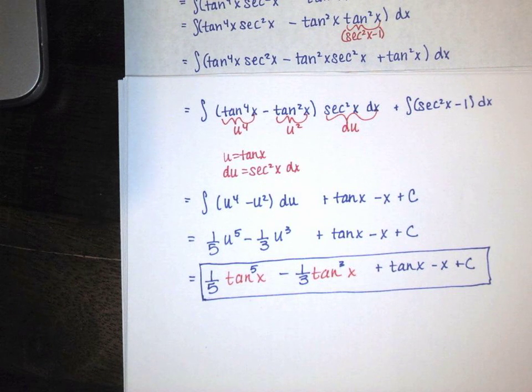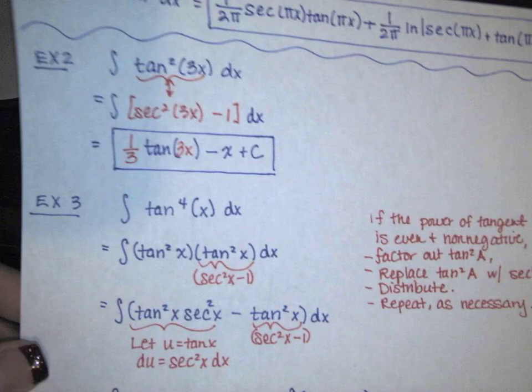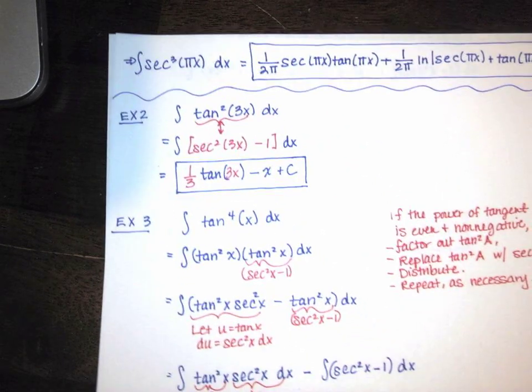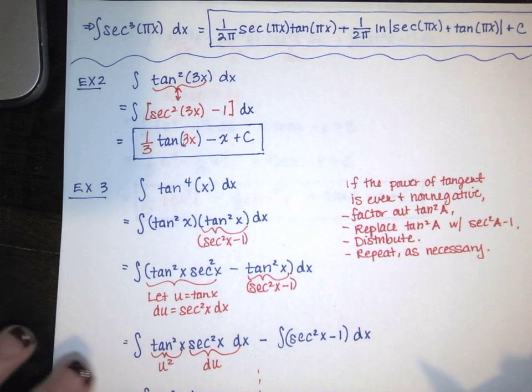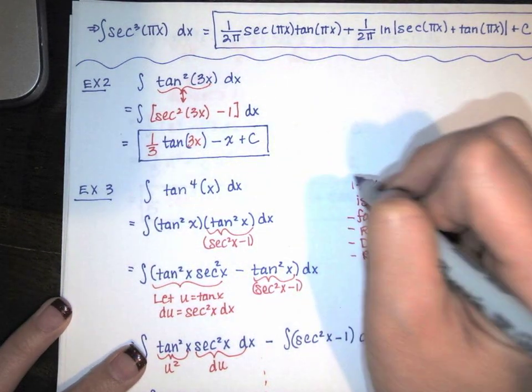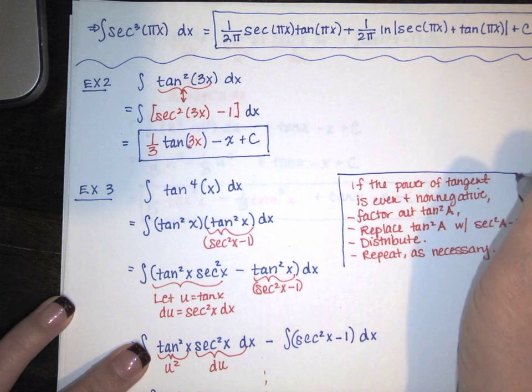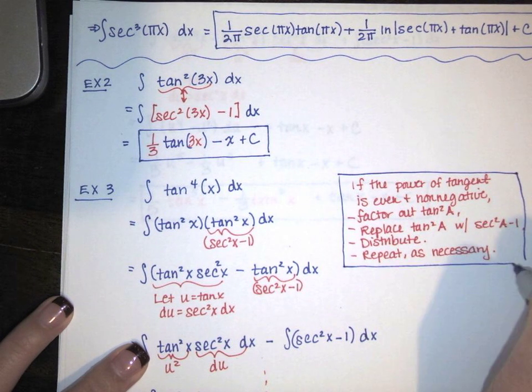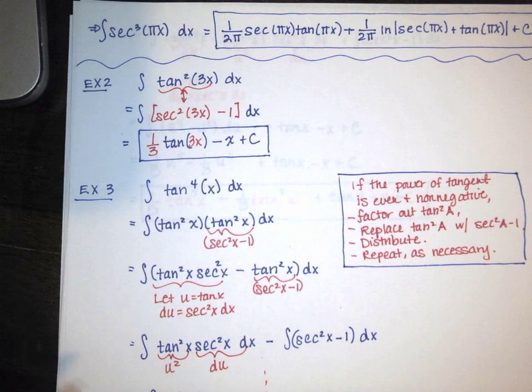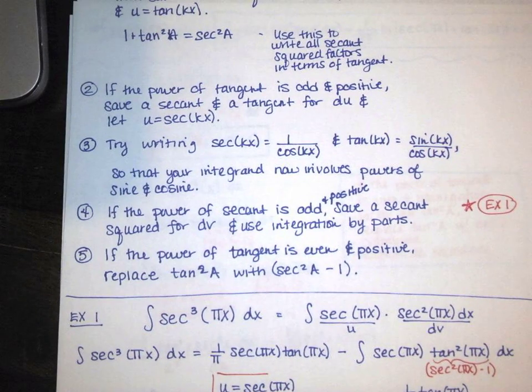If the power of tangent is even, we can follow this pattern. This was the fifth of our guidelines. I think it might be different on your formula sheet. It might be third or fourth, but that's the one that we just did.